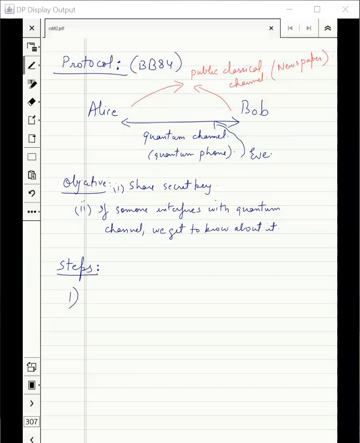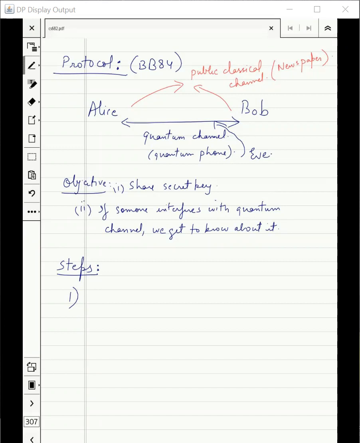Suppose Alice and Bob want to share a secret key. There is no Eve. They don't want to worry about that. How would they share a secret key? They would just share it over the channel. Right. But you would want it to be random.